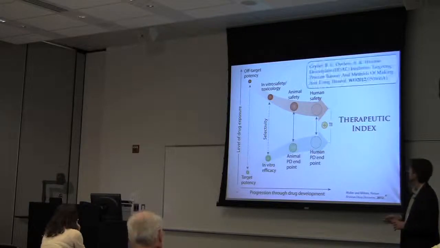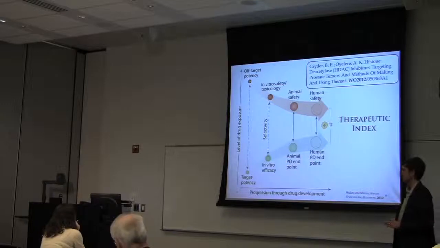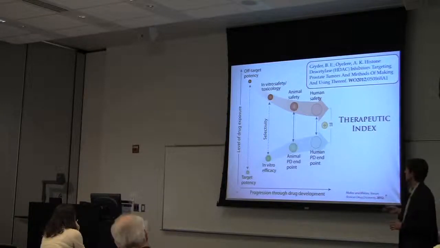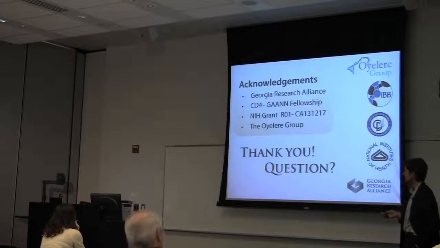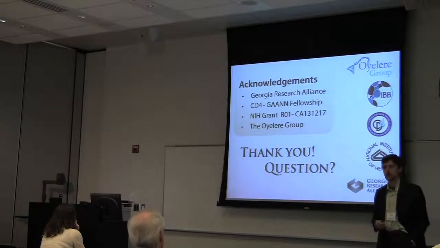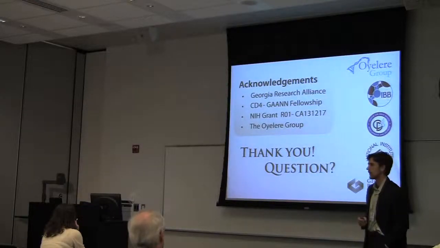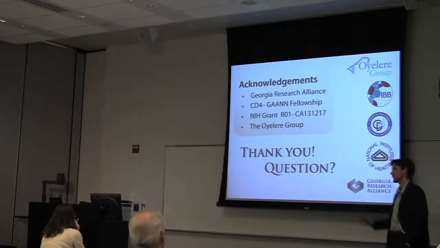But thankfully, we're covered. This is one patent that you can find online. There's also a couple other ones that are not listed here. And excitedly, the Georgia Research Alliance has funded us now for the second part of phase 1 funding to get this work done and really push these molecules into the clinic.